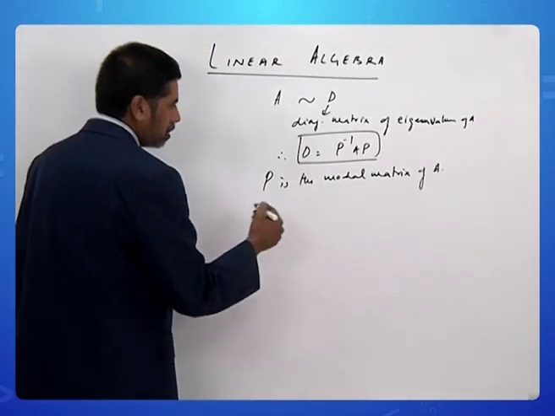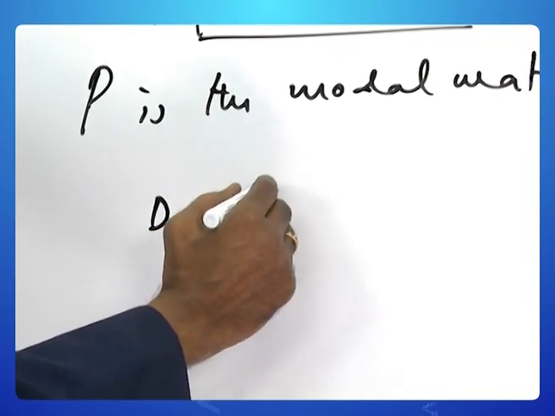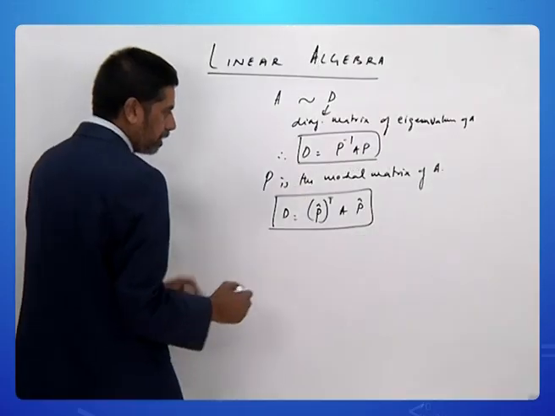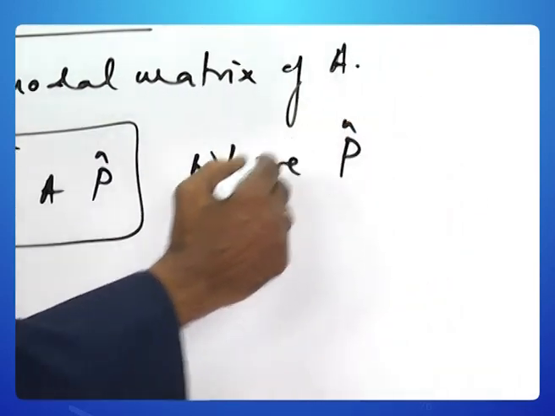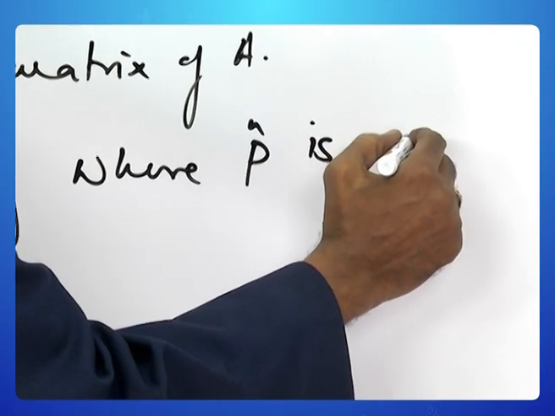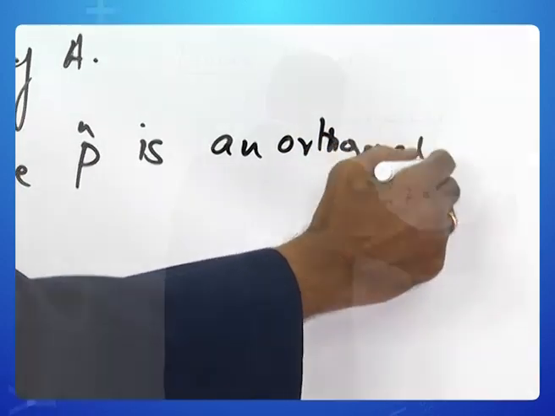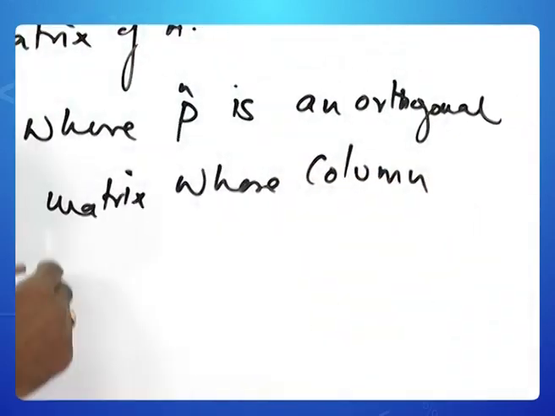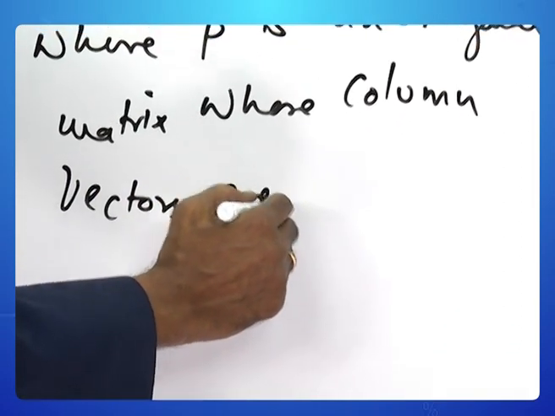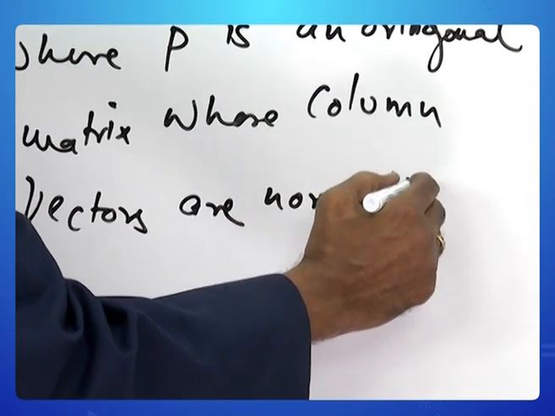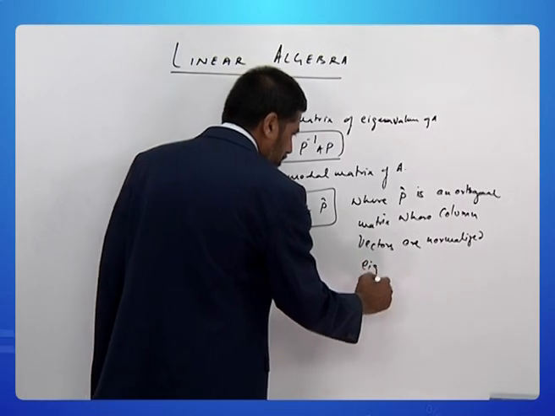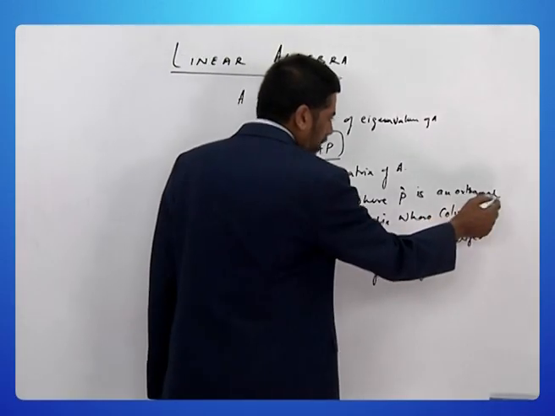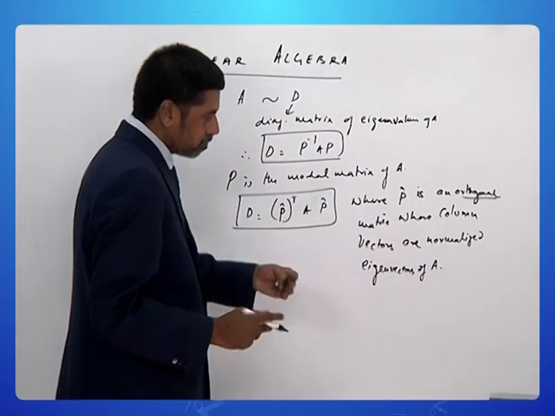In fact, we can also remember that D can be written as P cap transpose A P cap as an alternative formula for D, provided P cap is an orthogonal matrix whose column vectors are normalized eigenvectors of A. And when I say an orthogonal matrix, it also means that these normalized eigenvectors will be mutually perpendicular.